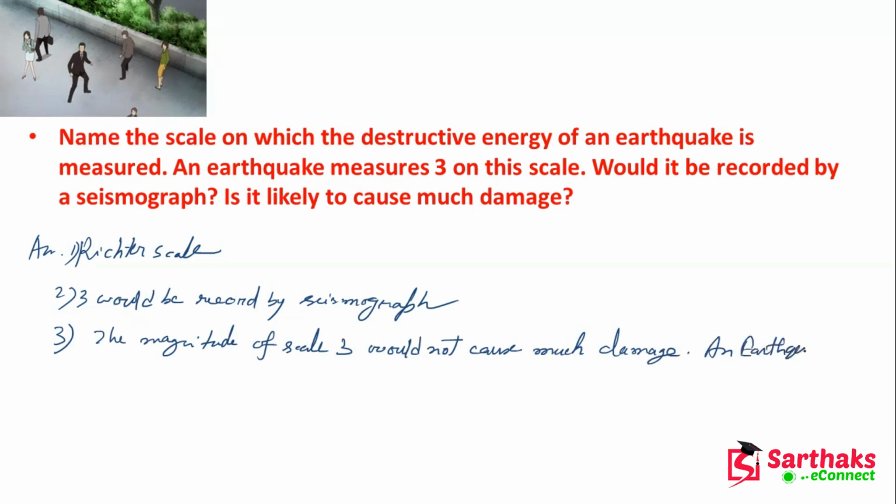An earthquake of magnitude 5 is considered destructive.